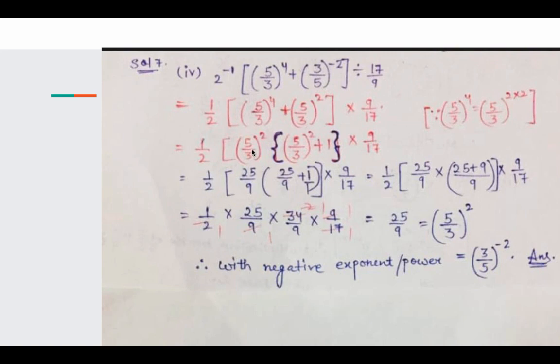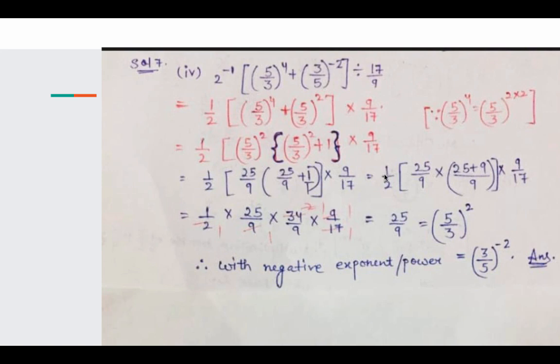See, half as it is, 5 by 3 whole square, 5 square 25, 3 square 9, 25 by 9. Solve this also within the brackets. 5 square 25, 3 square 9 plus 1, bracket close, into 9 upon 17. 1 by 2 as it is, 25 by 9 as it is. Take the LCM here. 9 is the LCM, 25 plus 9 into 9 upon 17. 25 plus 9 is 34.